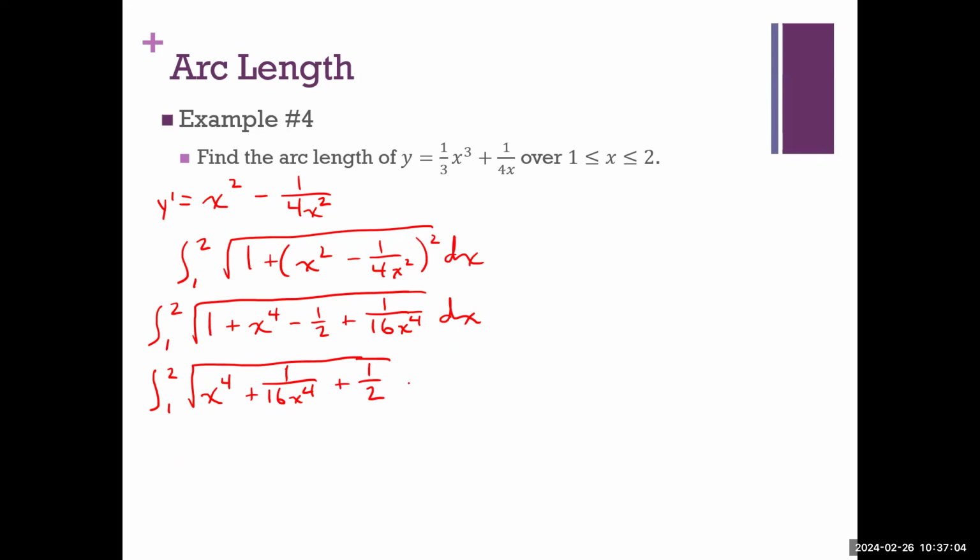Let's try it. What's a common denominator I can build out of these three things? 16x to the 4th. So I think this first term is going to become 16x to the 8th. This one didn't alter. Plus 1. Plus what? 8x to the 4th. All over 16x to the 4th dx.